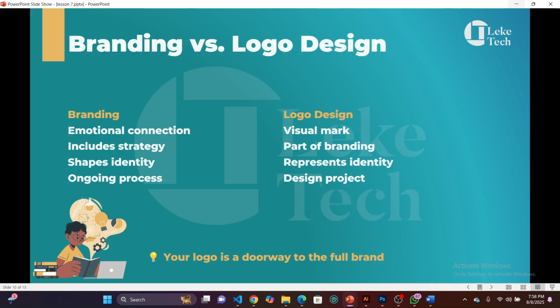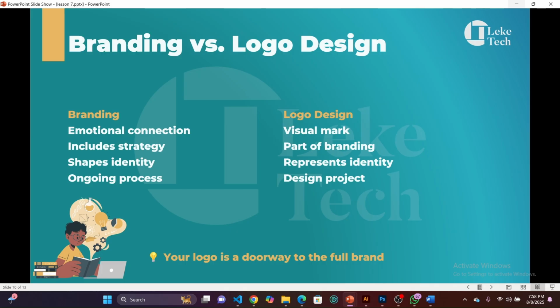So your logo is the doorway to the full brand. It usually starts with the logo, right? You can design a logo as a separate service, which is separate from the brand identity, which is a more complex and detailed service. That's why you see people position themselves as branding experts.